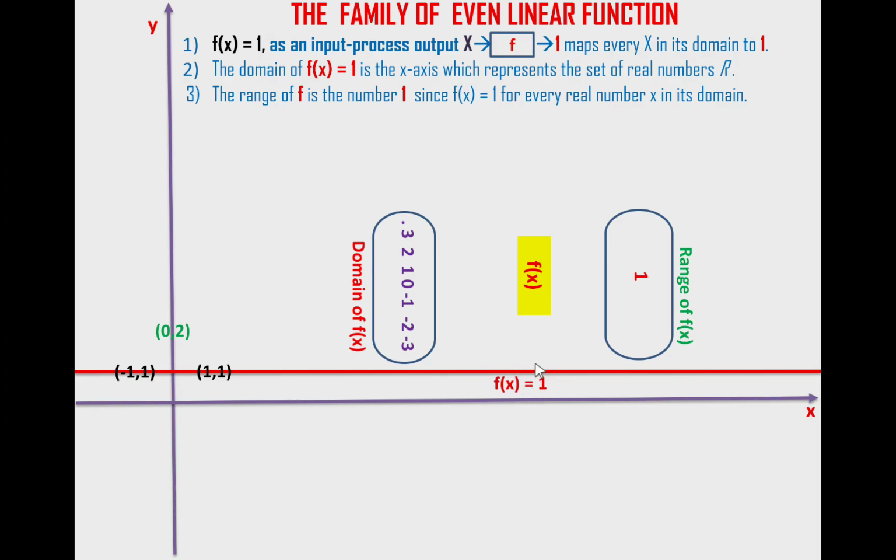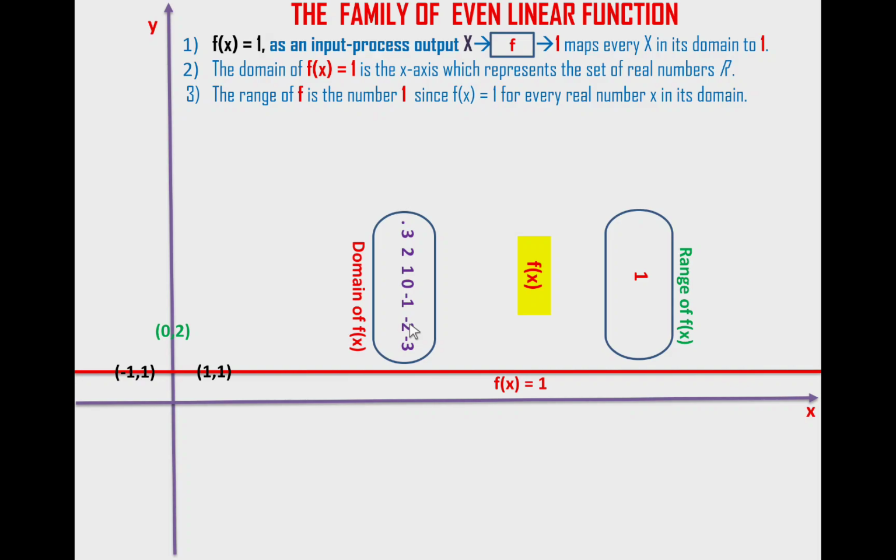And the result is really this line. So the range is 1. We can feed each and every point from the domain to the function f of x, and its output is going to be equal to 1, regardless of which one we choose.